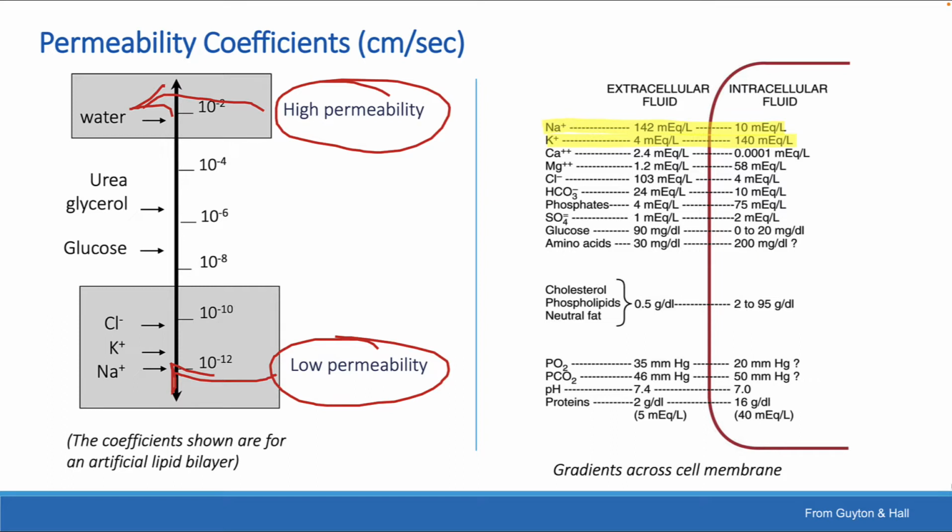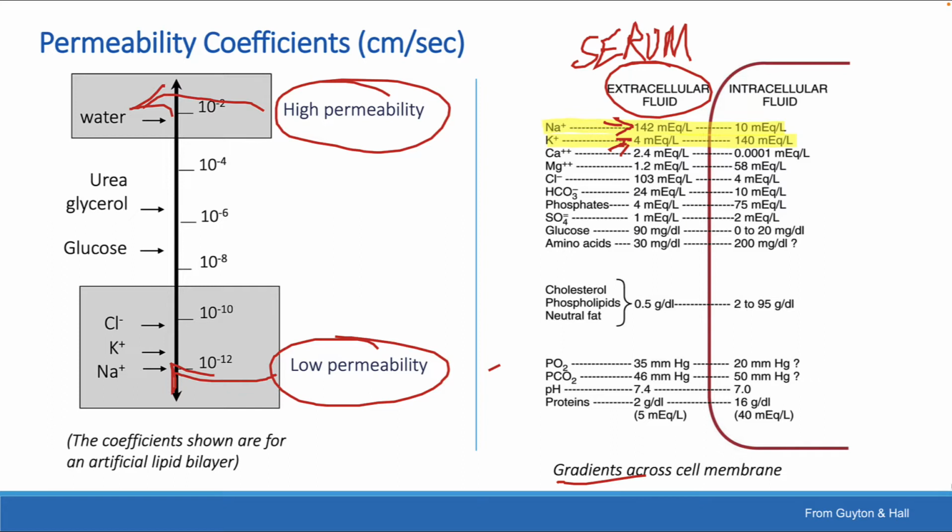On the other side, I want you to really take a close look at this because this is kind of the magic of how gradients exist across the cell membrane. You know that in the extracellular fluid, like serum, for instance, the concentration of sodium is about 142 milliequivalents per liter, give or take, right? 135 to 145, we'll call it 142. And the potassium concentration is very low, right? It's on the order of 4 milliequivalents per liter.